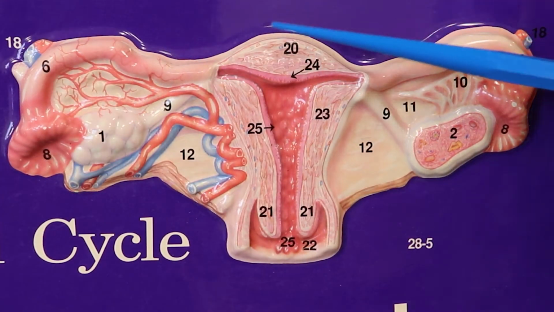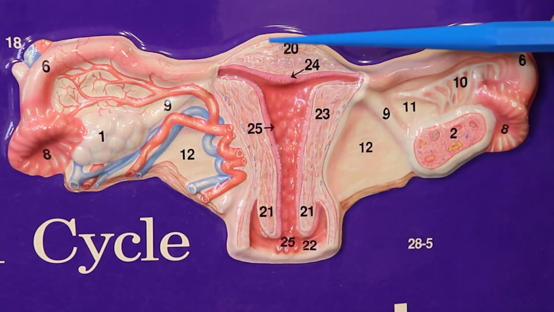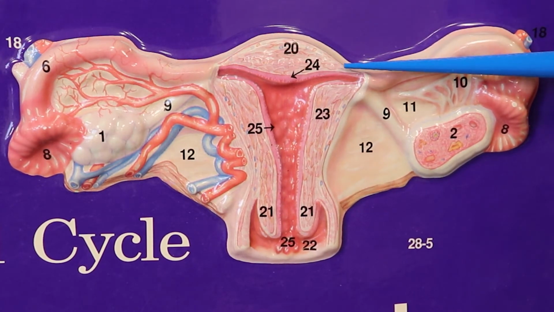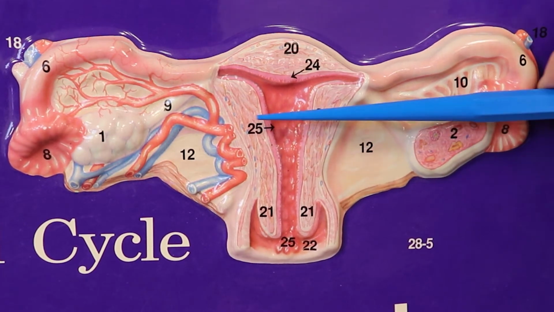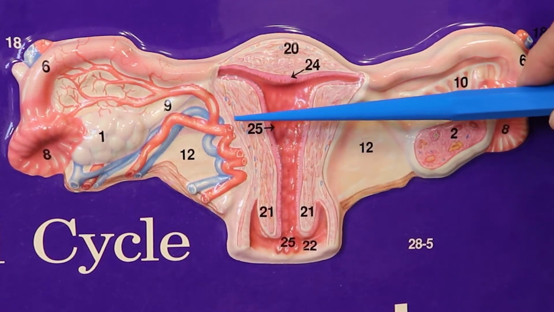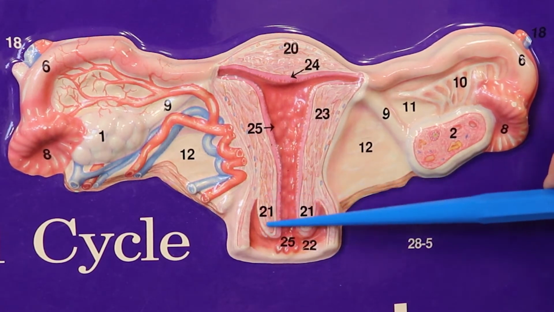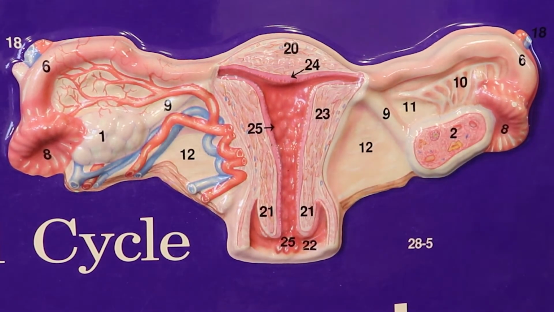This is an image of the uterus. And the uterus is divided into the dome-shaped portion, which is called the fundus, the middle portion, which is the body of the uterus, and the narrowed end here, which is called the cervix. Cervix, body, fundus. And the uterus is made of smooth muscle.